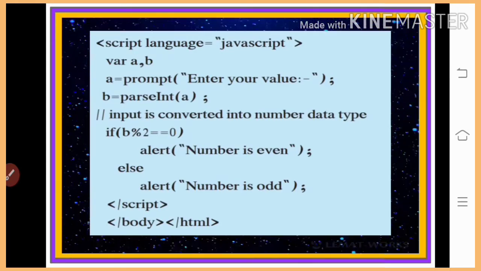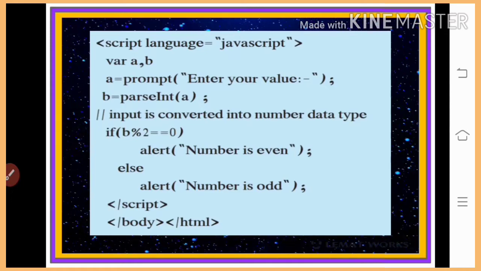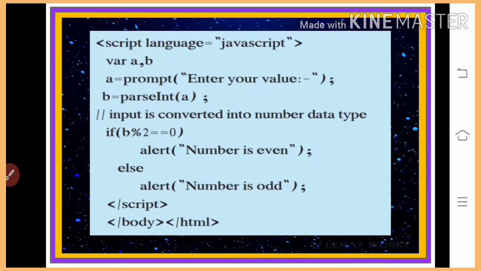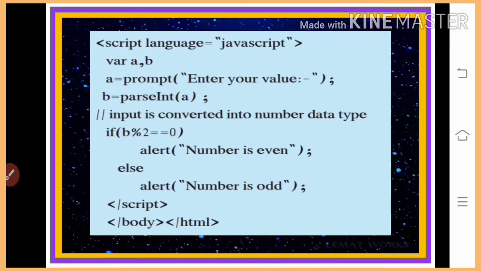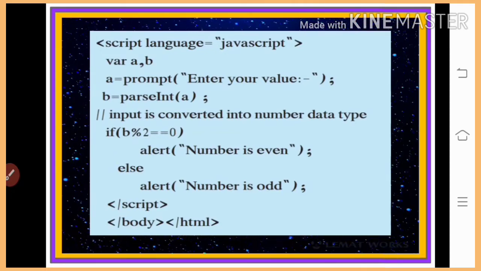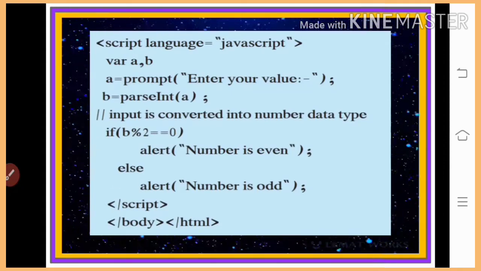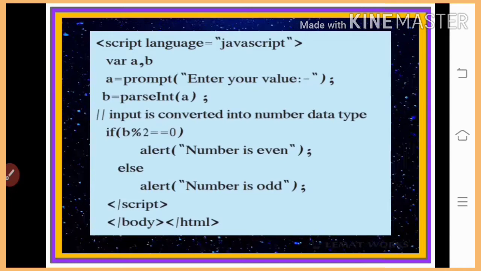Close script, close body and close HTML. Save the program and run it on the browser. In the output, if you enter 2, you will get the message number is even. If you enter 3, you will get the message number is odd.